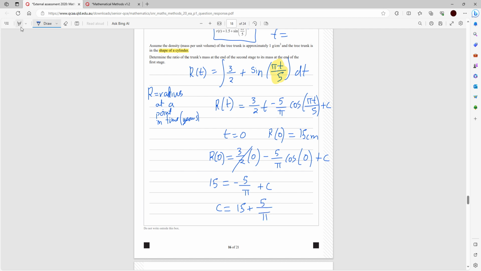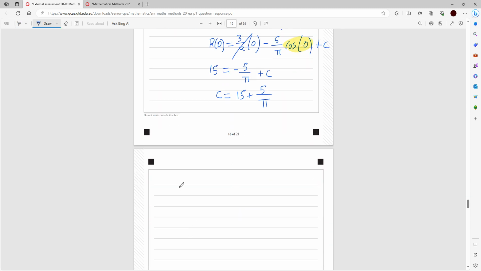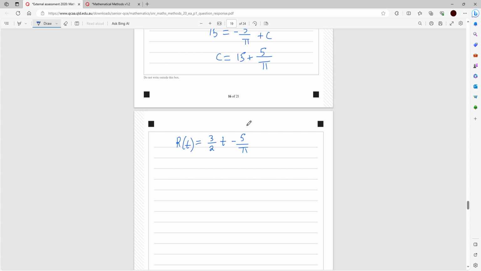The hard part would have been noticing that cos of 0 is 1. A lot of students will put that as 0. So you need to make sure you're up to date fully on your trigonometry as well. So that means our function, I'm just going to write here, R of t is equal to 3 on 2 t minus 5 on pi cos of pi t on 5 plus c, which is 15 plus 5 on pi.